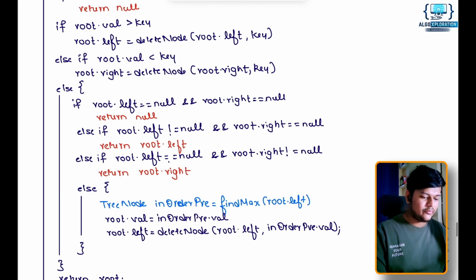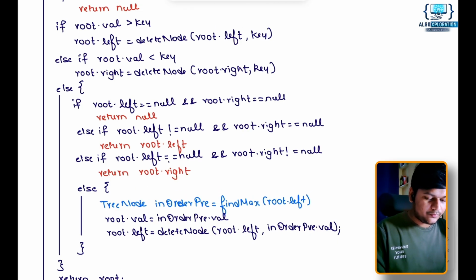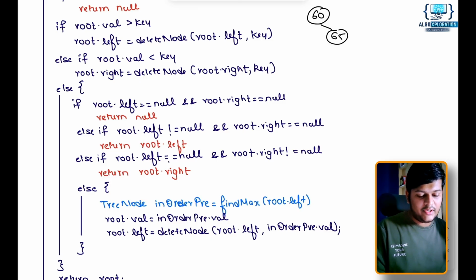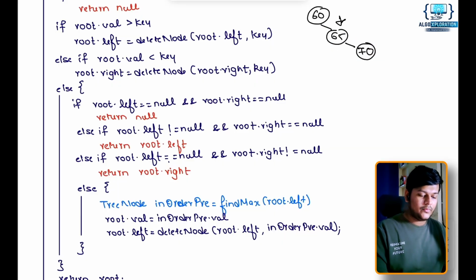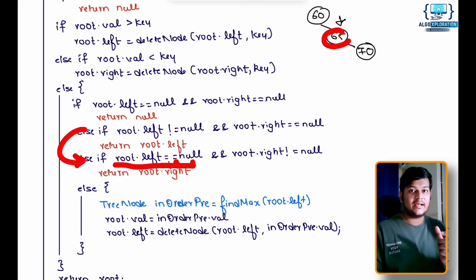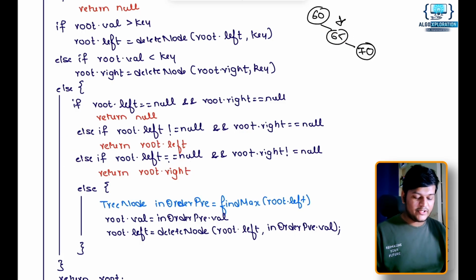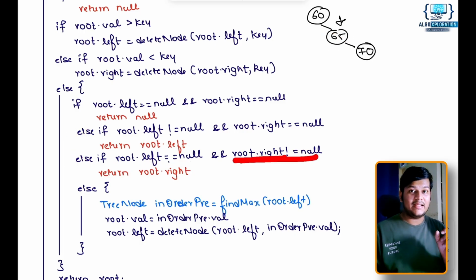I'll just give you an example. See, 60, 65, and over here it is 70, and I want to delete 65. Now I will be standing over here and checking: root.left is null? No, it is not. So I go over here: root.left is null? Yes, it is null because 60 doesn't have any left child. So I will check this as well: root.right is not null?